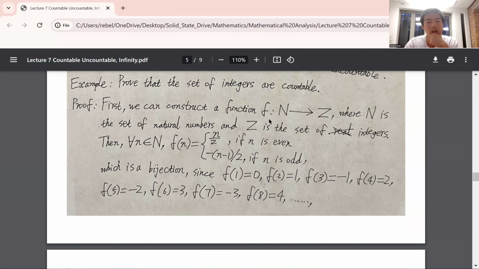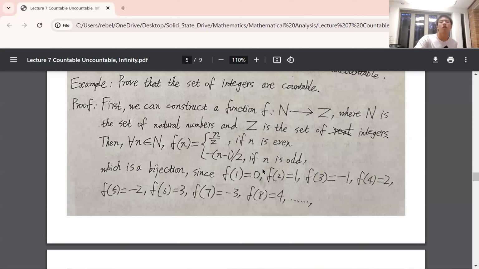So we can construct a function f from N to Z, where N is the set of natural numbers and Z is the set of integers. Okay, and now we define something here. For all elements n in N, f(n) is equal to n divided by 2 if n is even, and equal to minus (n minus 1) divided by 2 if n is odd.